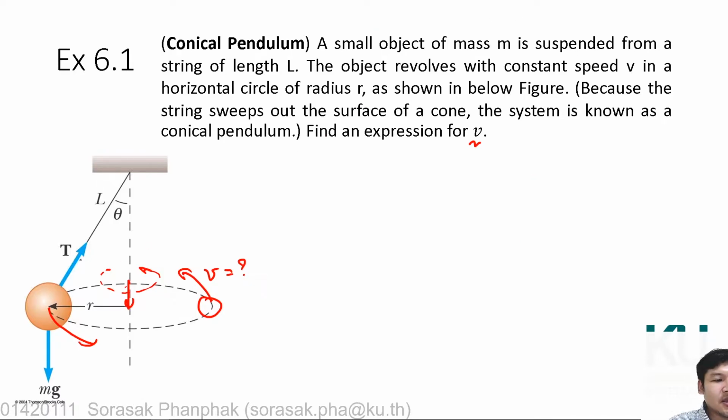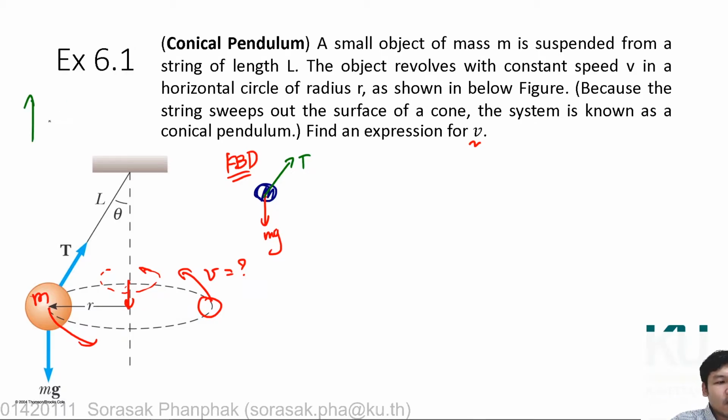With this, if the object has mass m over here, we can look at the free body diagram. We have the mass m and mg pointing downward, right? We have string tension to pull it, to make it a conical motion. This is the string.